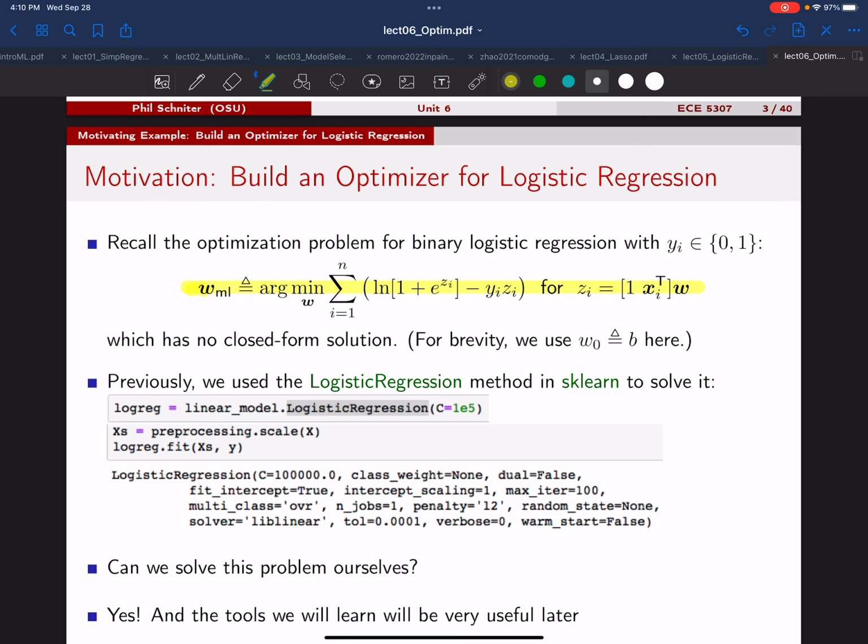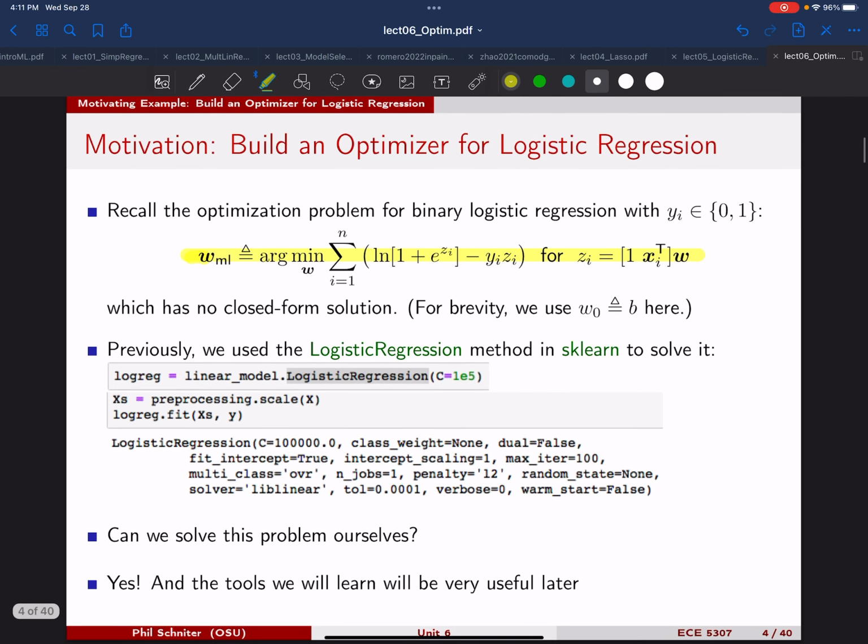So we have to approach this problem more algorithmically. We have to develop some method that is capable of doing this optimization, and so that's more or less what this unit is about. But as we'll see, it's definitely possible to do this, and we'll learn the way to do it.